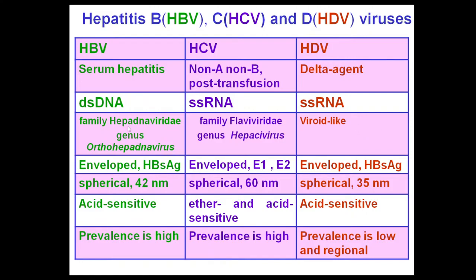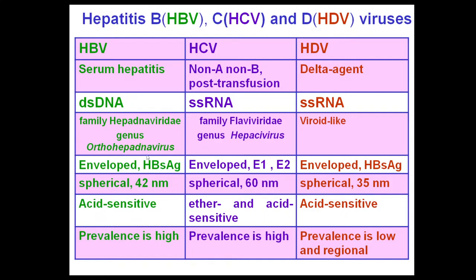Hepatitis B is from the Hepadnaviridae family, genus Orthohepadnavirus. Hepatitis C is from the family Flaviviridae and genus Hepacivirus. That's some difference. And hepatitis D virus is a viroid-like structure. We'll discuss it a bit later on.